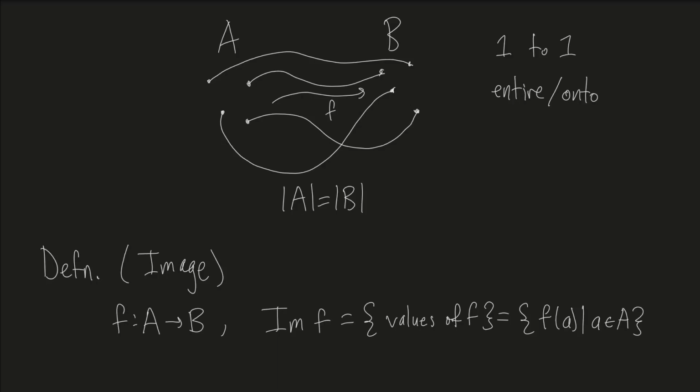This might be a little weird to read at first, but I think you come to get used to it. So as long as a is in the set A, this is giving you a value of the function. And considering all the possible elements of a will give you all the possible values of the function f. That whole set gives you what's called the image.